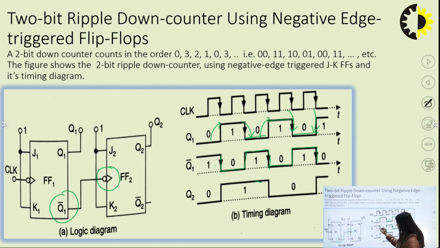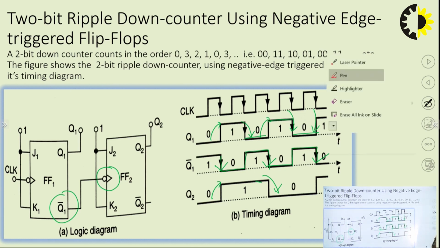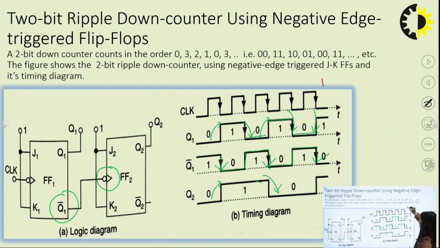Now mention the negative edge points, and at each negative edge there will again be a switching. Why switching? There is one important question: why at every negative edge do we get a switch from 0 to 1 and 1 to 0?